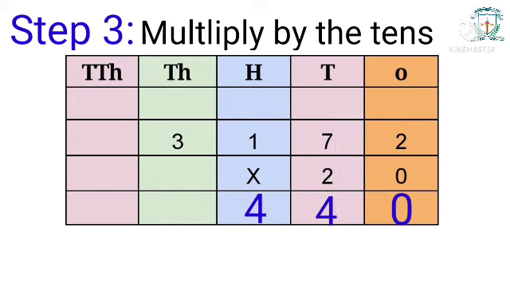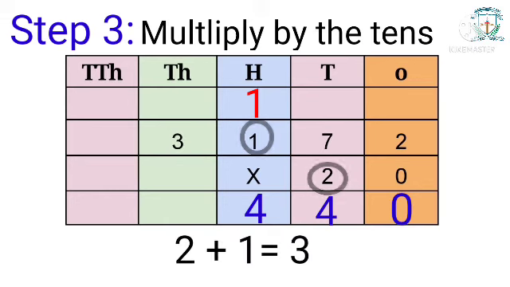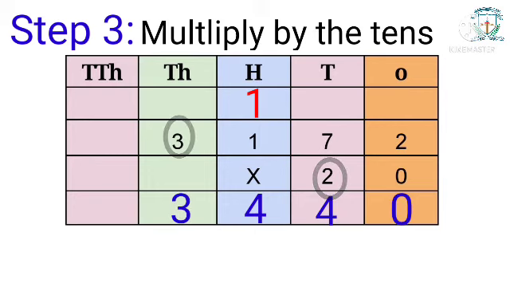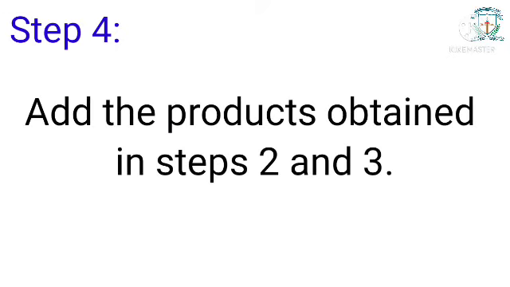Write 4 in hundreds column and carry forward 1 to thousands column. 2 ones are 2. 2 plus 1 is 3. Write 3 in thousands column. 2 threes are 6. Write 6 in 10,000s column. So, the product obtained here is 63,440.